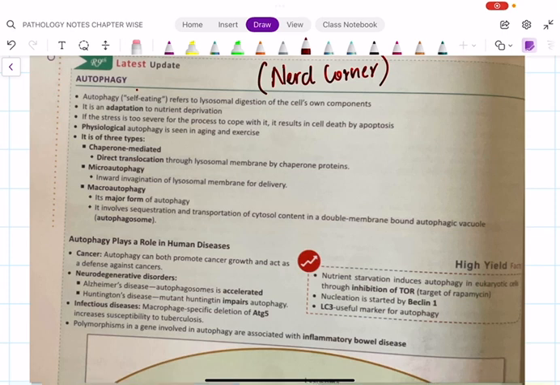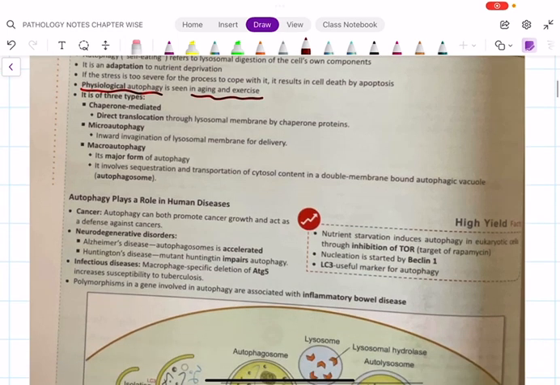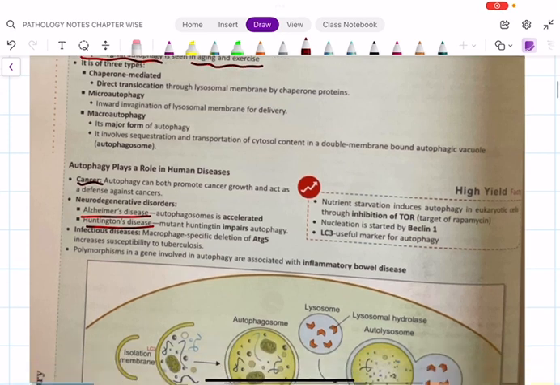Again, autophagy means self-eating. Physiological autophagy is seen in aging and exercise. Pathological autophagy, I have told you, in cancer, Alzheimer's and Huntington's disease, and infectious diseases. And here a very, very important question they have asked. This is again an MCQ question, and again this has been asked in INI-CET. Which autophagy related gene is related to increased susceptibility to tuberculosis? The answer is ATG5.